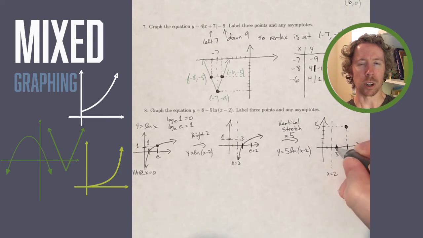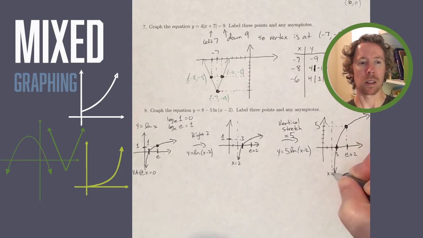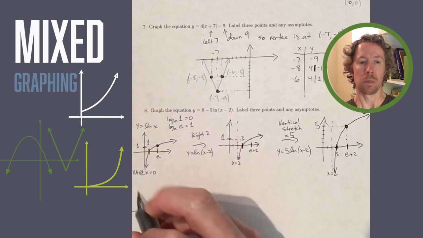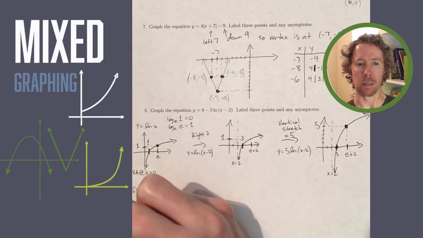So here is our stretched out version of the graph. Next, I'm going to handle the negative sign out in front of the 5. So reflect that graph over the x-axis. Keeps the vertical asymptote still at x equals 2. But where the y value was negative before, now the y value will be positive.